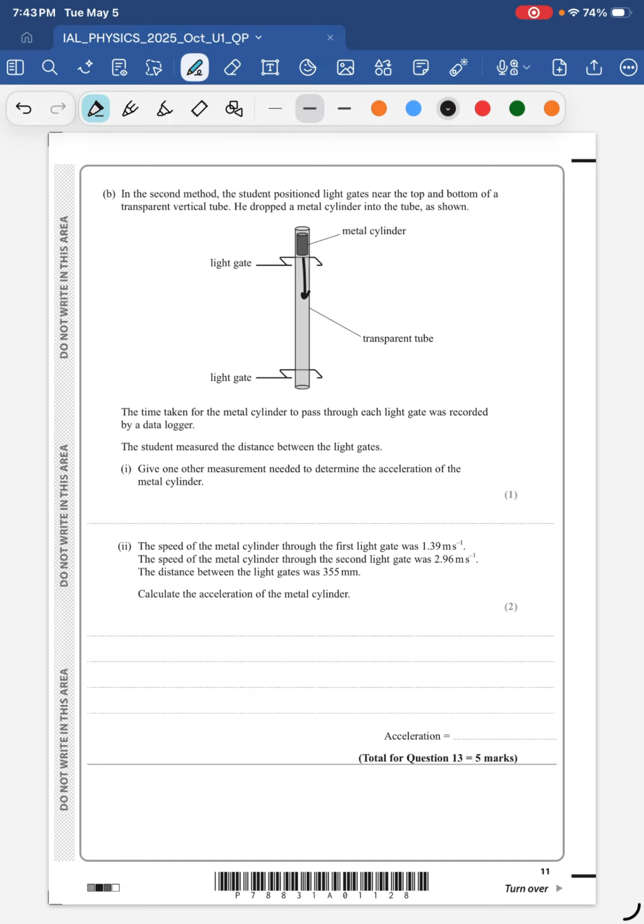So the student measured the distance between the light gates, so this distance, which is the height, I guess. The only other measurement that you need is the length of the metal cylinder, so you can calculate its velocity when it passes through the gates.